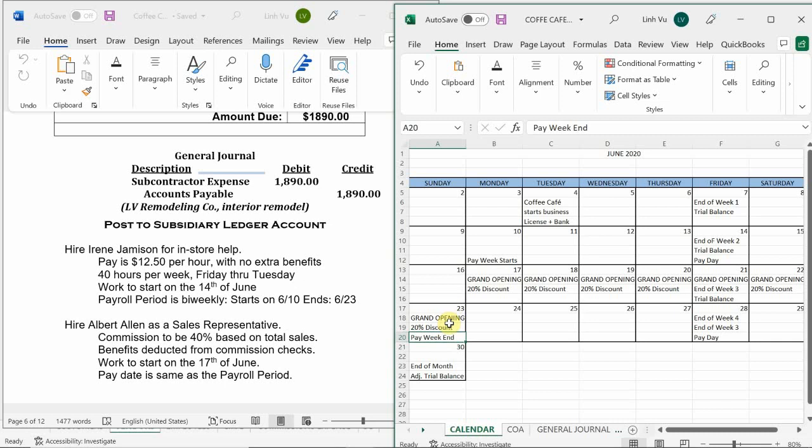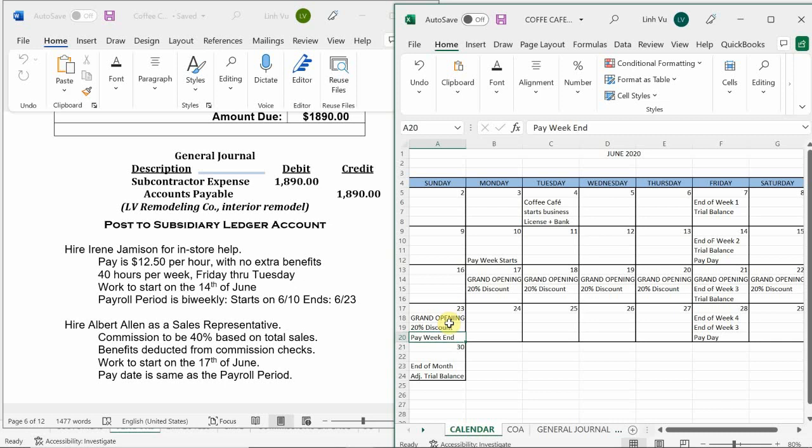Now, keep in mind, she doesn't start to work on the 10th. We scheduled her to start working on the 14th of June. That means she's going to be missing just 2 days of work, which is fine because we didn't hire her until today, which is the 11th.